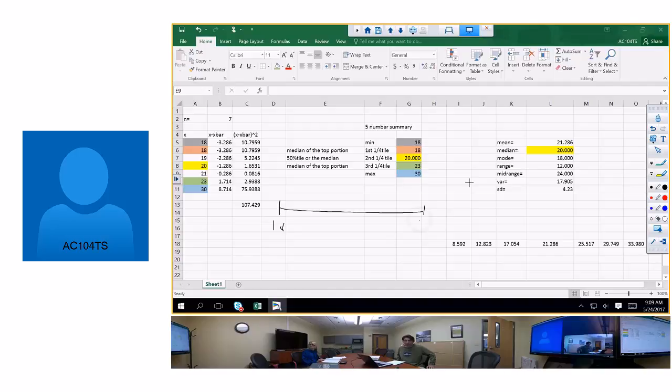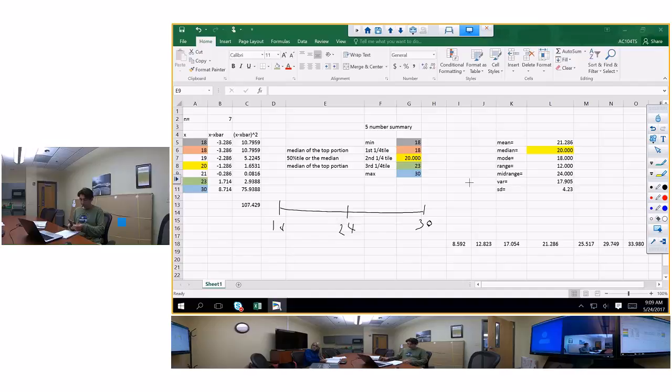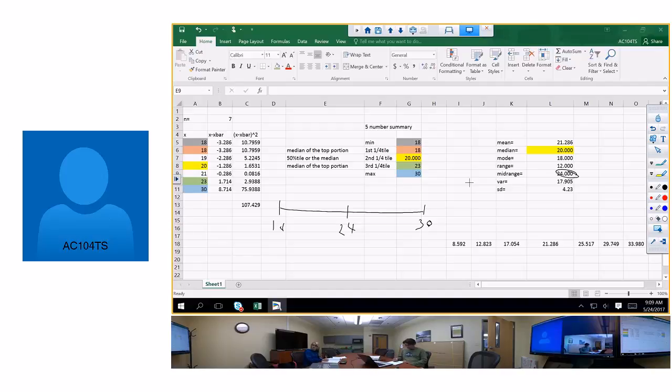Max goes up here. Midpoint goes right here, which is your mid-range, which is 24. Now make a note. Everybody needs to make a note in your notebooks right now. The mid-range is the middle of the number line.